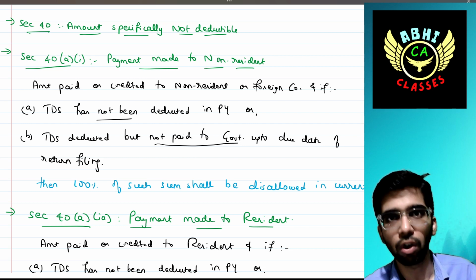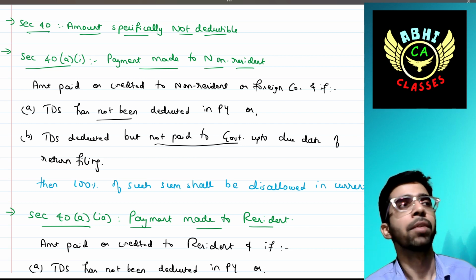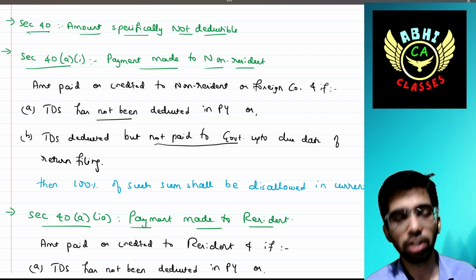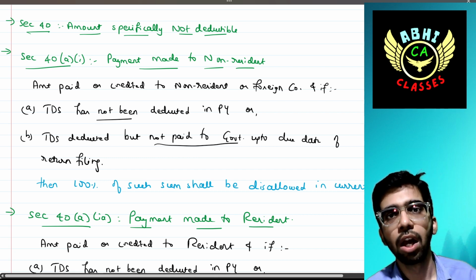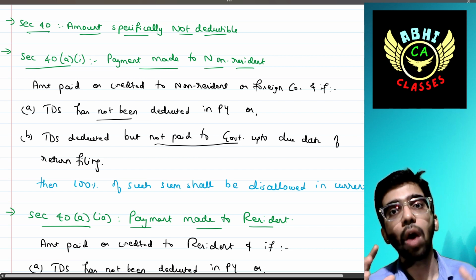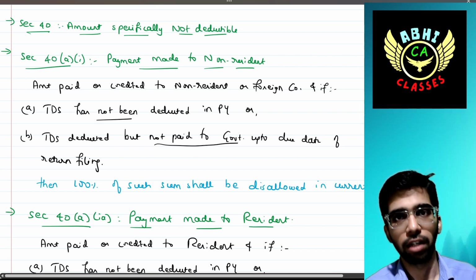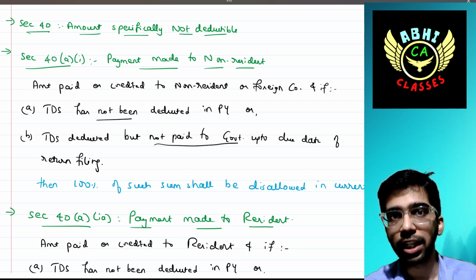For your understanding, I will simply mention one example. For example, you are having FD interest. Let's say you are receiving 1 lakh as FD interest from a bank, and the bank is the payer. You are the payee, correct? The bank has to provide that interest amount after deducting 10%.